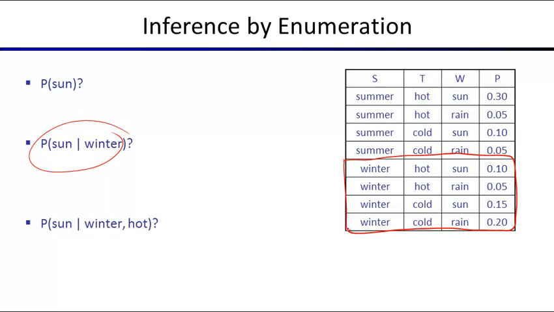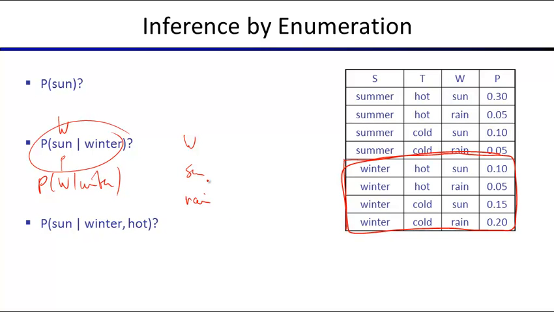That's what we're left with. Then for every possible value the query variable can take on, our query variable here is sun. That really belongs to the random variable W. So really we're after the distribution for W given winter. So we're trying to find P(W | winter). W can take on sun or rain, so we'll have an entry for sun and for rain.